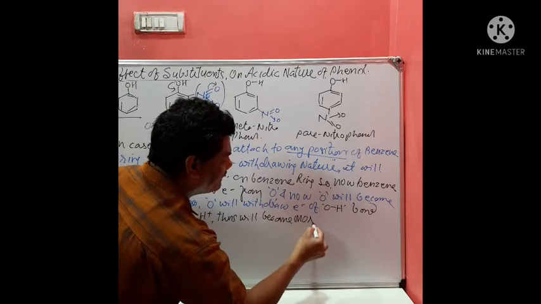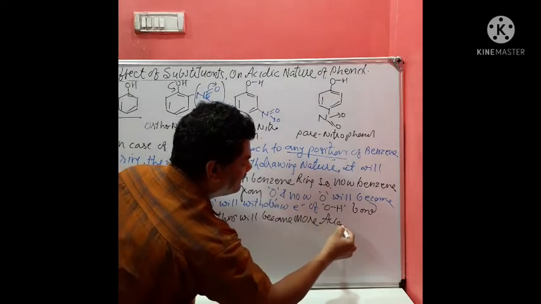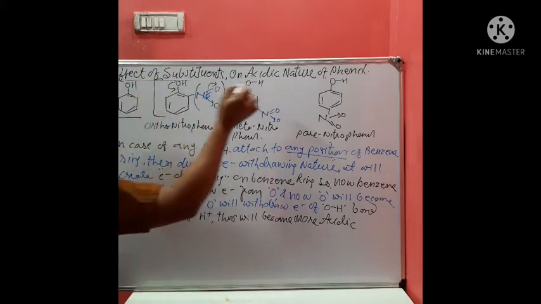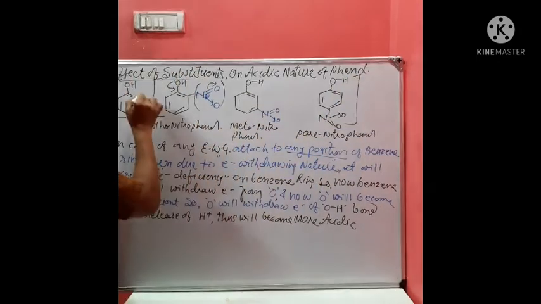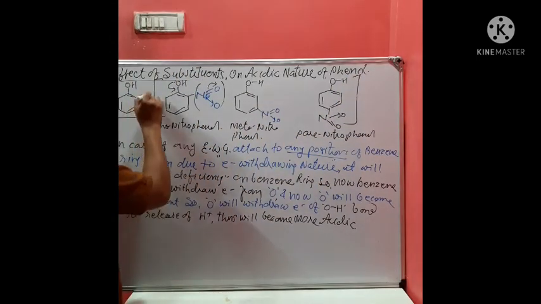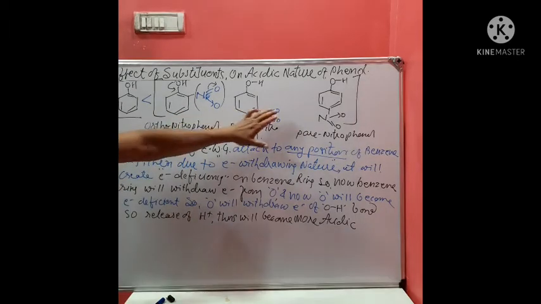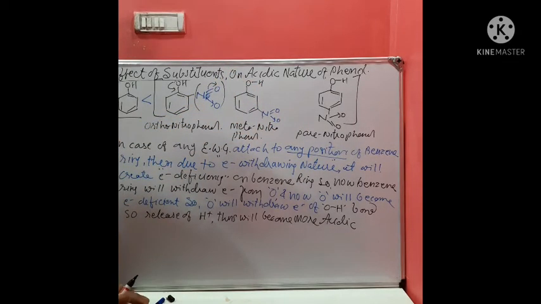More acidic. That means all these compounds are more acidic as compared to the phenol. That is, the phenol is least acidic while all these compounds are more acidic. But the most important thing is that out of these three, which one is most acidic?